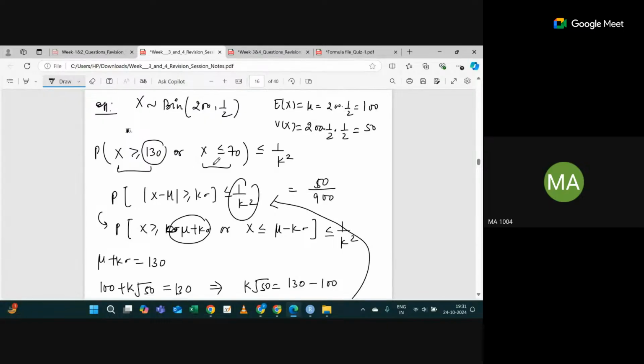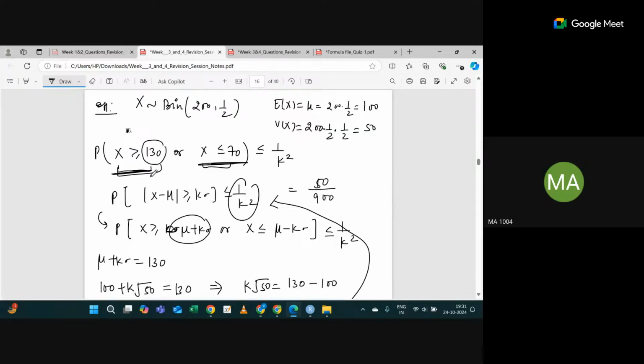Or it will be like this. If you talk about a statement, it will be: find the upper bound for the probability that your random variable is at least 130, or your random variable is at most 70. So this is the meaning of at most, and this is the meaning of at least.